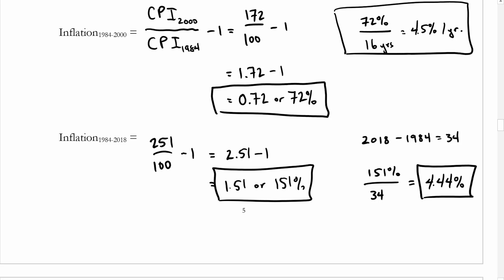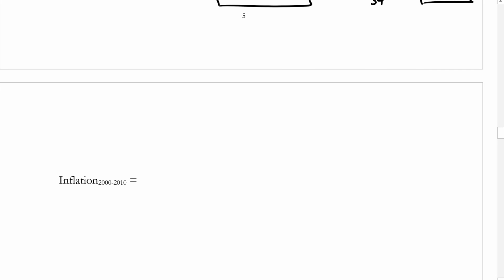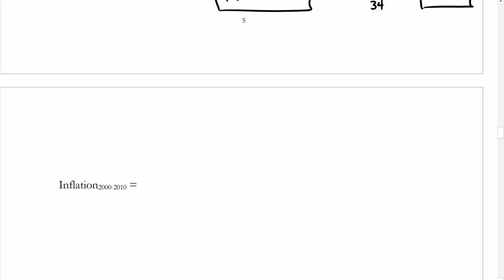And I'll just do one more example, just so that you have a little bit more practice, and then I'll show you the answers, but I'll leave the last one for you to try. So from 2000 to 2010, in 2010, the CPI was 218. In 2000, it was 172.